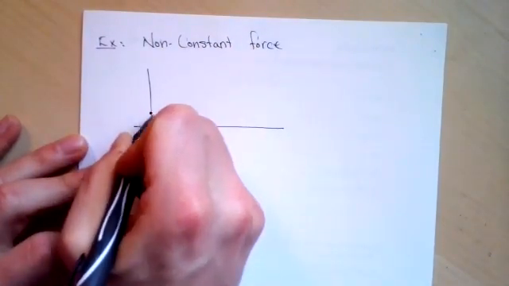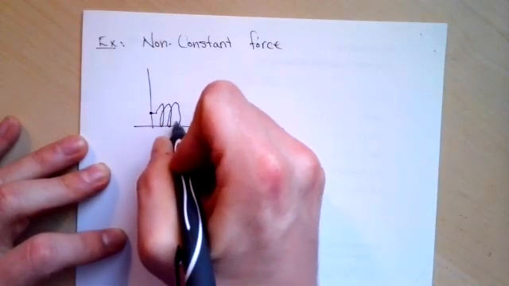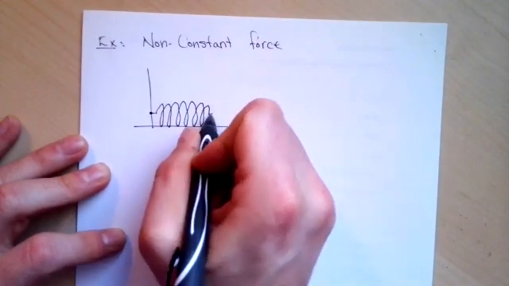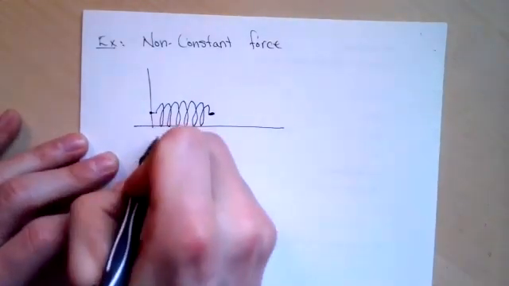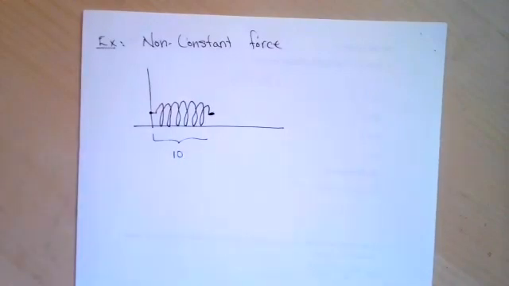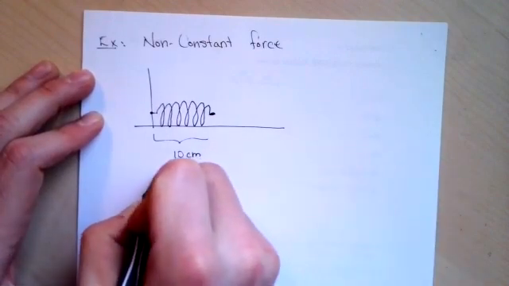So suppose we have a spring and its natural length is, do we want to use meters? I know some of you guys, or at least one of you guys, is in the UK and doesn't want us to use imperial units. We use centimeters, 10 centimeters. Natural length.